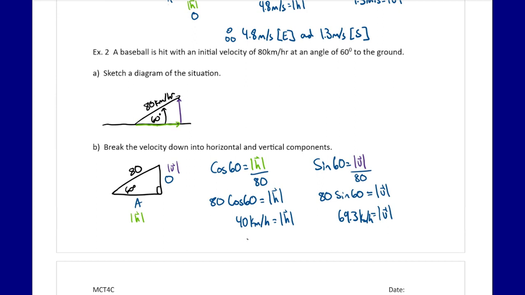So what I can say then is, therefore, it's going to be 40 kilometers per hour along the ground. It's not a specific direction, but it's along the ground. And then I have 69.3 kilometers per hour up. So those are the two components.